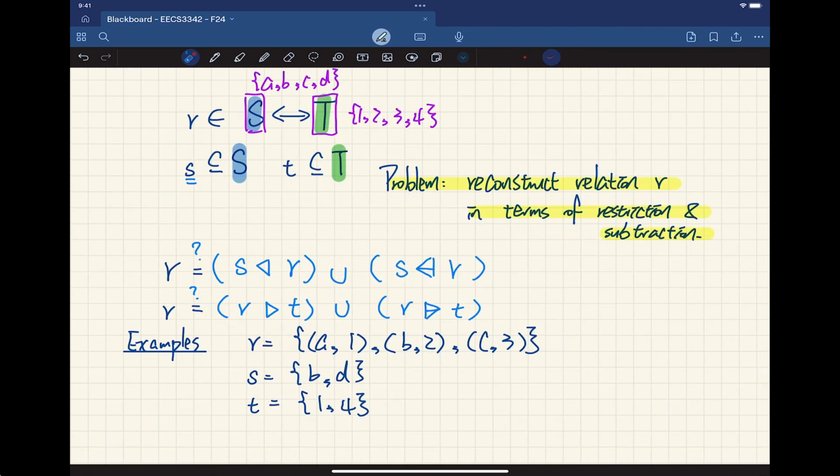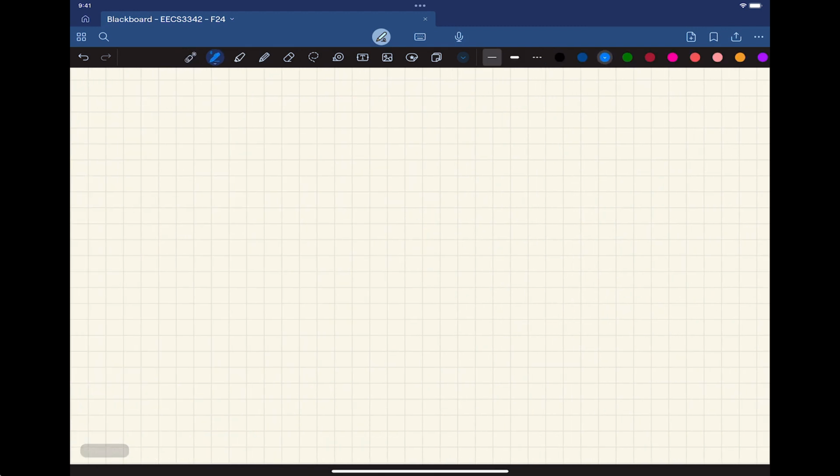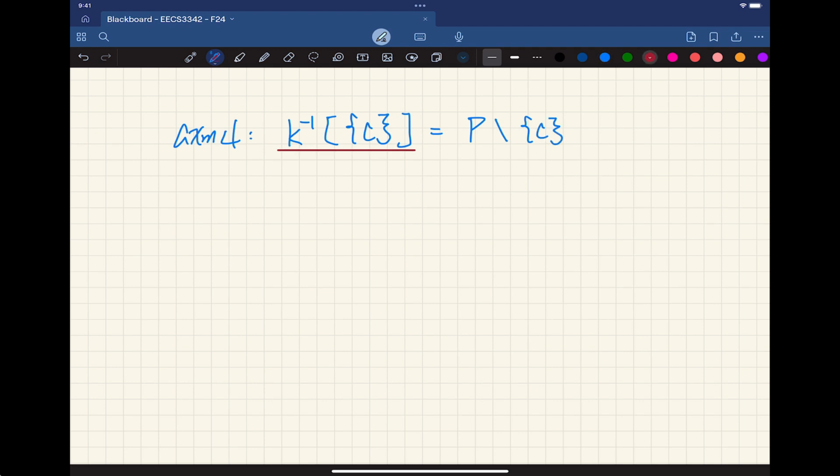Okay, let's now do one more illustration, and then we should be ready to move on. Axiom number 4. Let me illustrate how that one should be understood. Axiom number 4: K inverse relational image of the celebrity equals P. This part tells you the celebrity is known by.